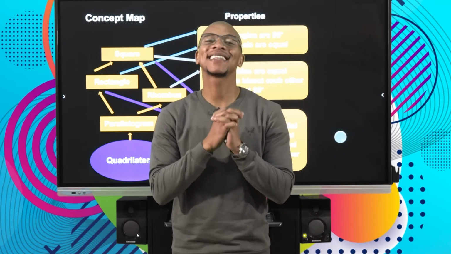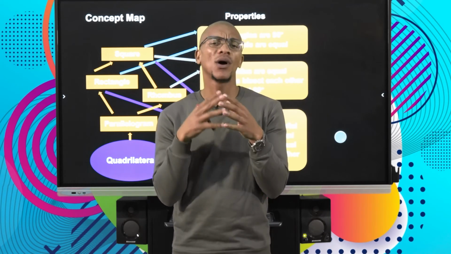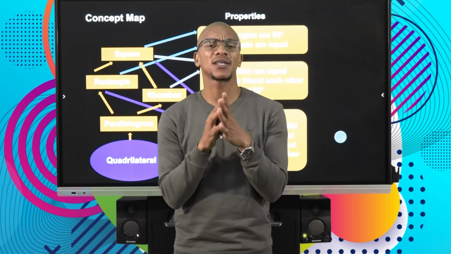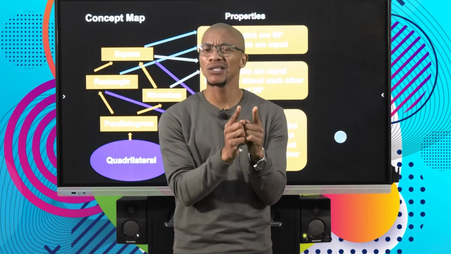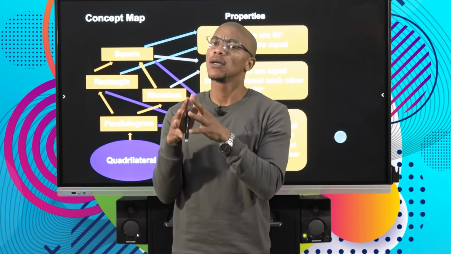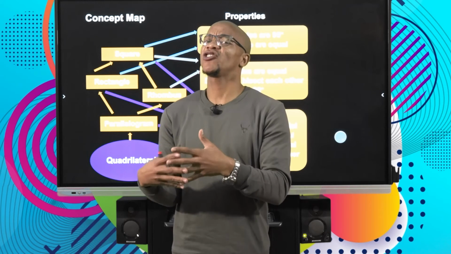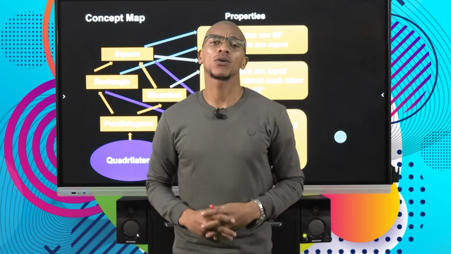Hi guys, welcome back. So we are still looking at the special quadrilaterals, or rather we are still looking at quadrilaterals and what they are all about, right? But now we're going to be answering some questions on these particular quadrilaterals, to apply the properties we've mentioned, using deductive reasoning to find certain relationships and certain angles in these quadrilaterals.